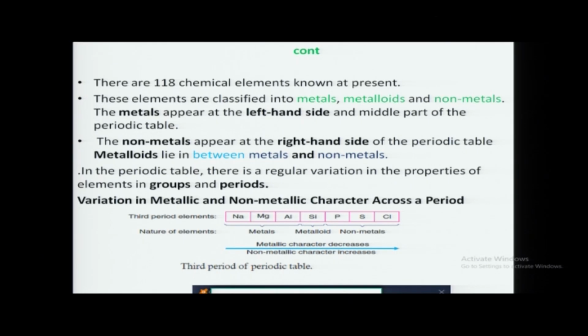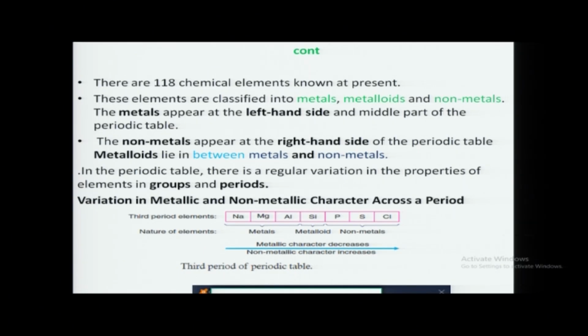So there are also some in the same group. When we are moving downwards, we call them the groups. When we move horizontally, we call them the periods. So those in the same group also have some variations. You get me? So we're going to see that difference and why. Let's start by looking at the differences in elements that are in the same period.